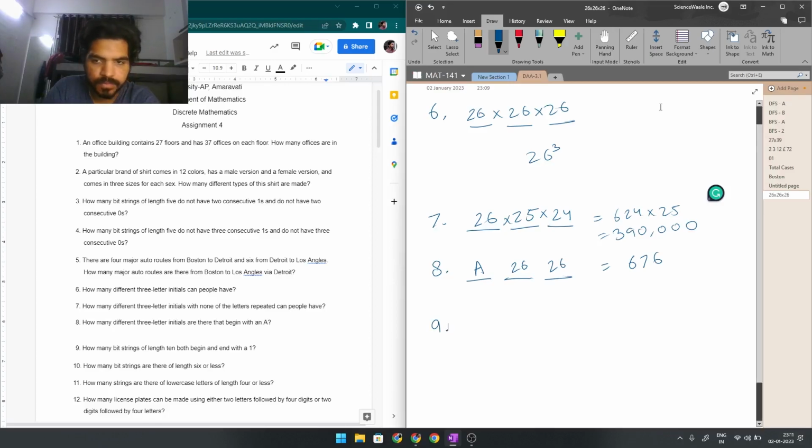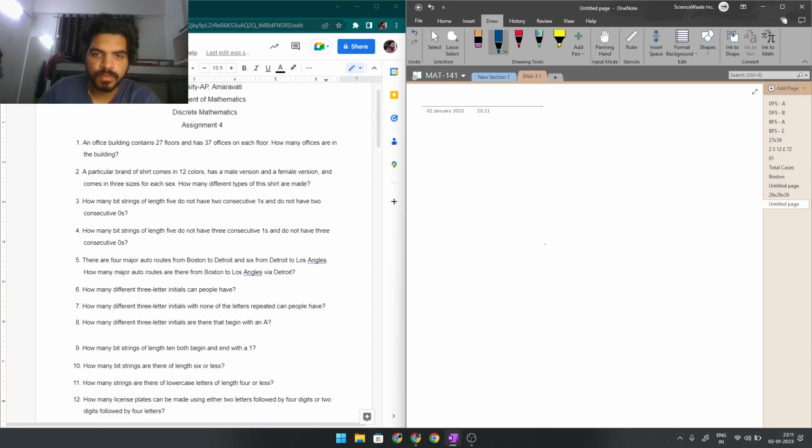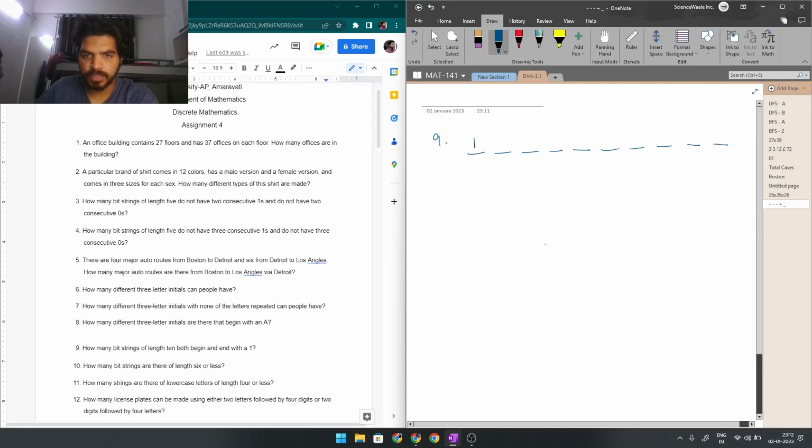Ninth question. Okay, let's move on to the next page for this. How many bit strings of length 10 both begin and end with 1? So we have a length of 10. This place is fixed with 1, this place is fixed with 1.